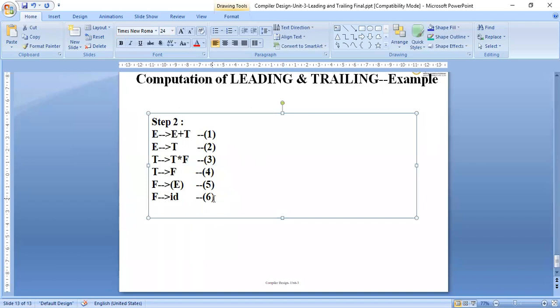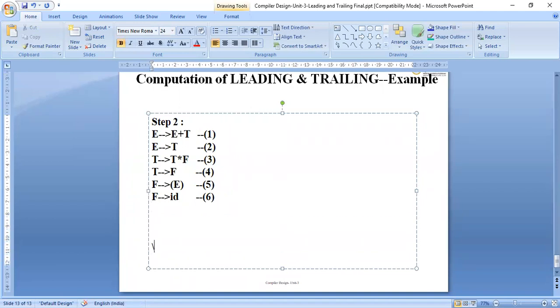I'm moving straight away with rule 1 and rule 2. In previous cases we had 2 or 3 production rules, but in this case we have more production sets. So go with the non-terminal with the least production.